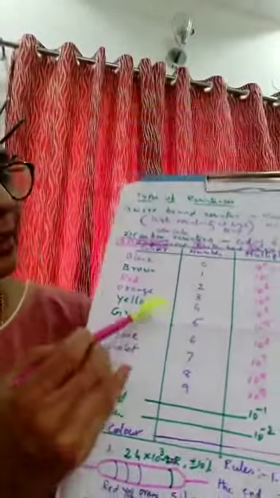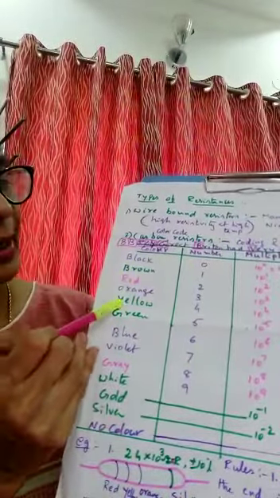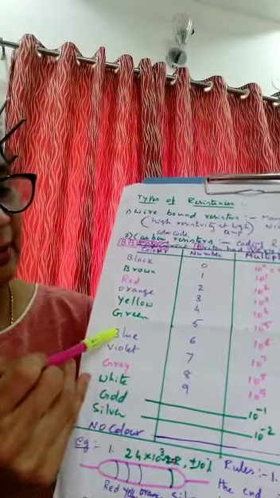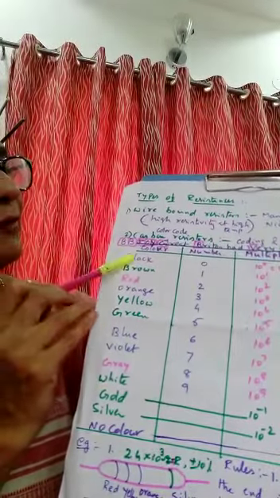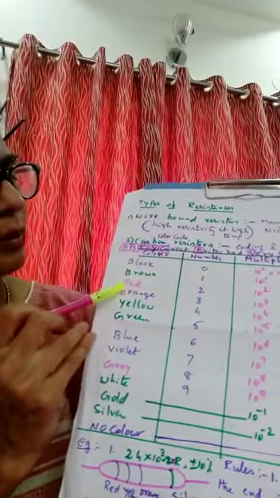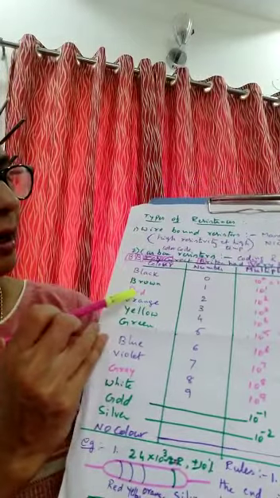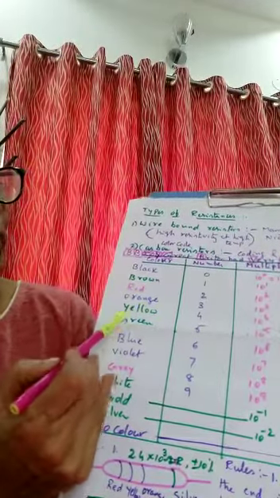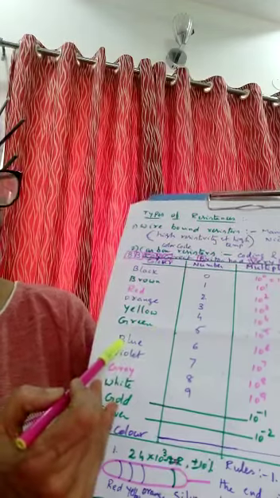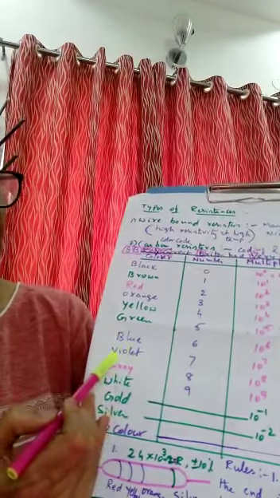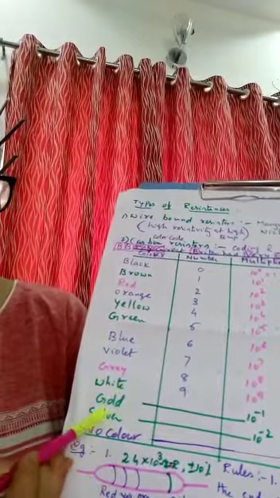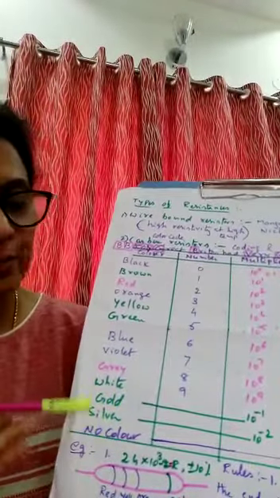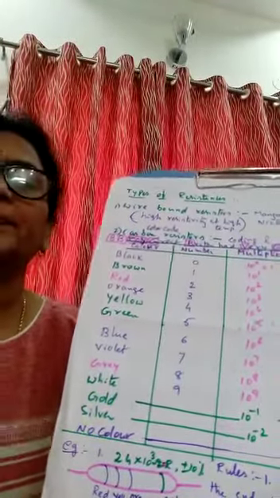Once again, B.B. Roy of Great Britain had a very good wife: B for black, B for brown, R for red, O for orange, Y for yellow, G for green, B for blue, V for violet, G for grey, W for white, then gold, silver, no color. It is easy to remember.